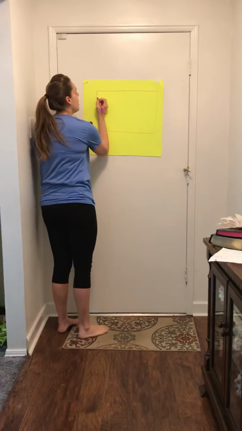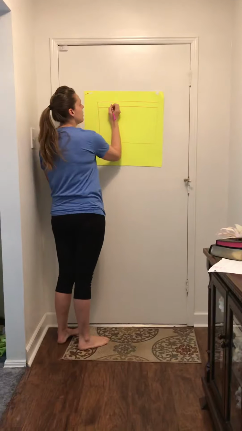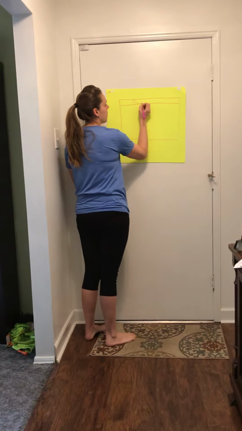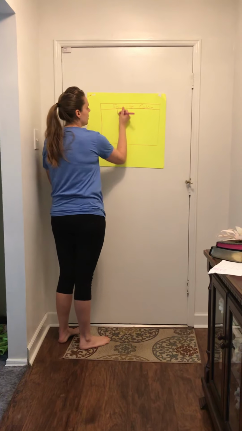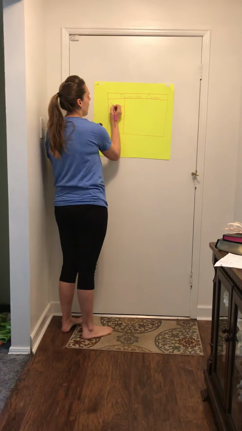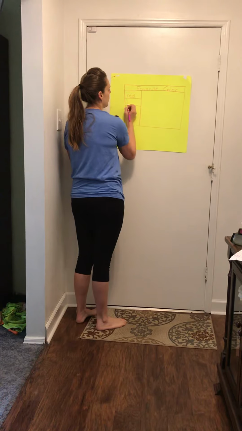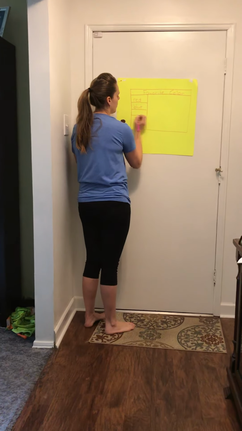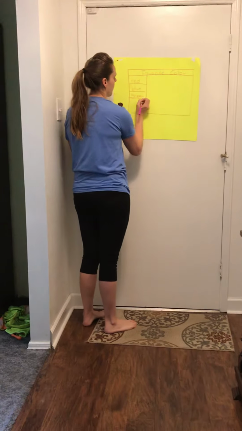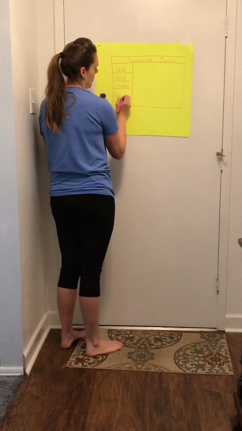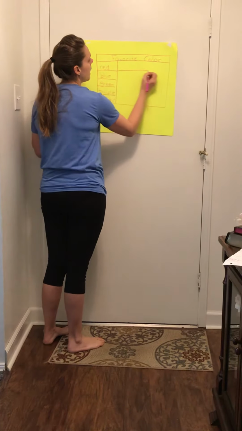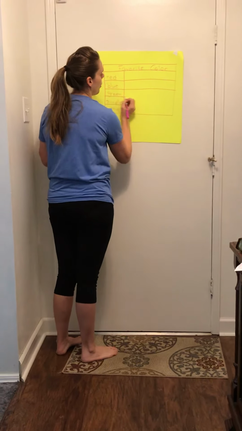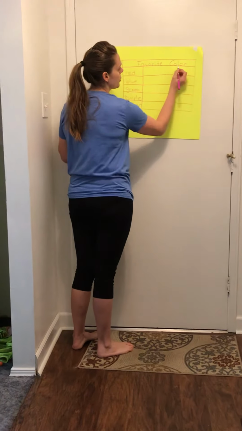They're going to be in a chart. They're still going to have a title like favorite color. They're still going to have choices like red, blue, green, purple, and other. But this time, we're going to actually write the totals.